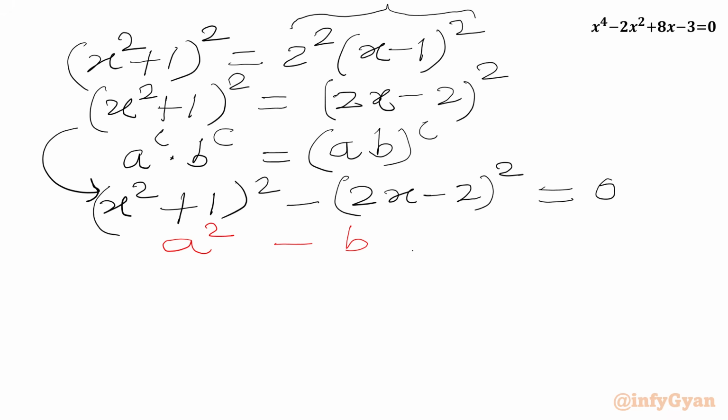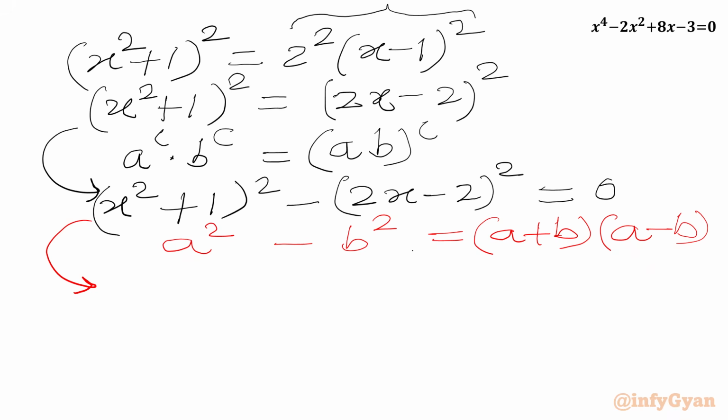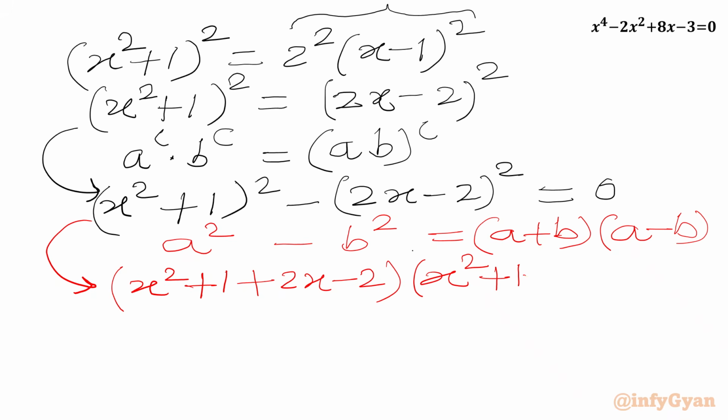Now we will use the difference of two squares formula: a square minus b square equal to a plus b times a minus b. So we will write our equation: x square plus 1 plus 2x minus 2, this is a plus b, or x square plus 1 minus 2x plus 2, this is a minus b, equal to 0.